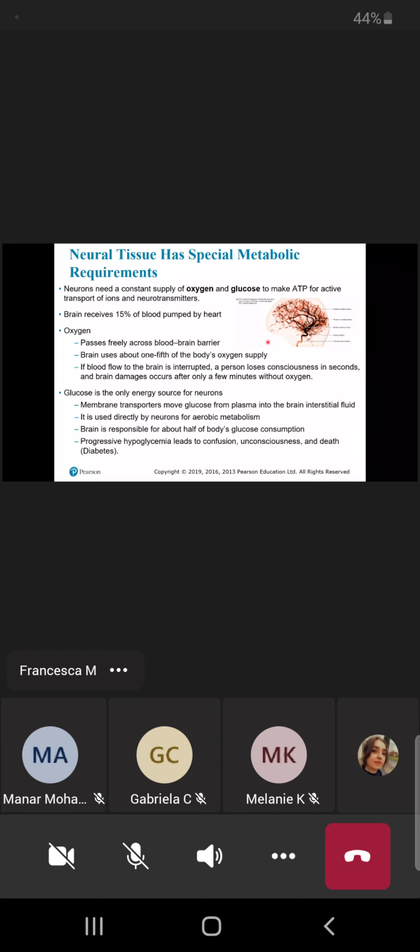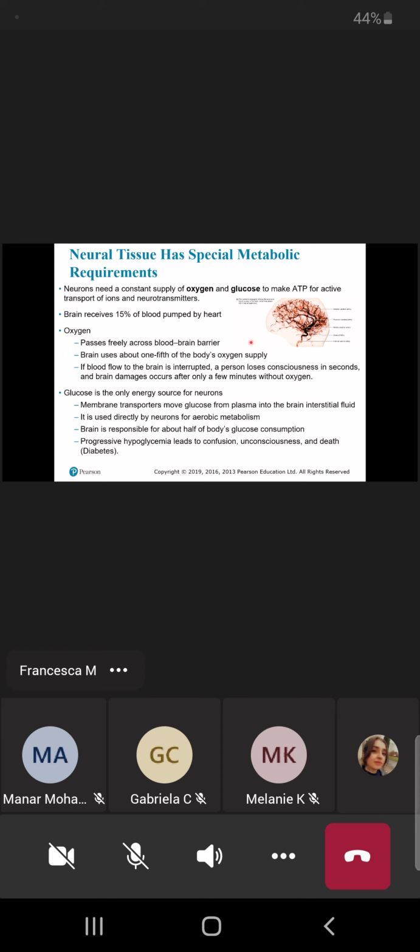It is an important energy source for our body. And in case of oxygen loss, in case the blood flow in our brain is interrupted, because keep in mind that oxygen is transported by blood using the hemoglobin in the blood.